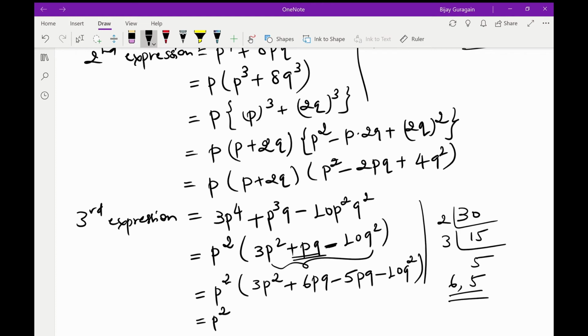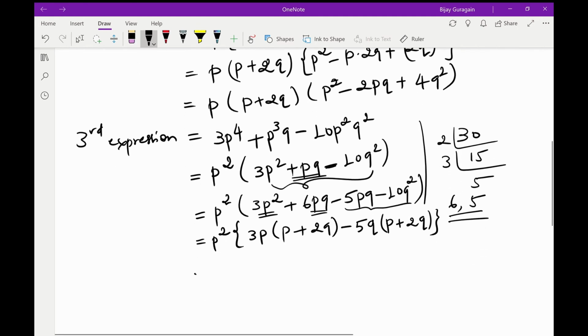Between the first two terms, 3p is common, so we write 3p(p + 2q). Between the last two terms, −5q is common, so the remaining one is −5q(p + 2q).